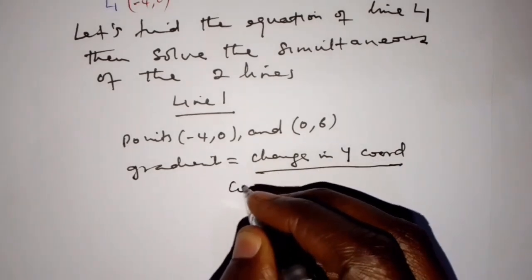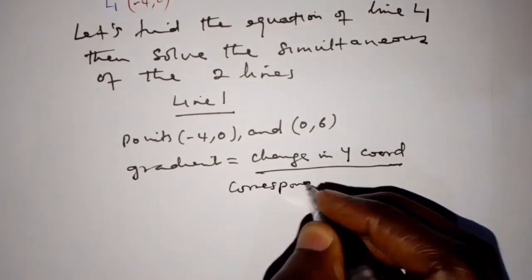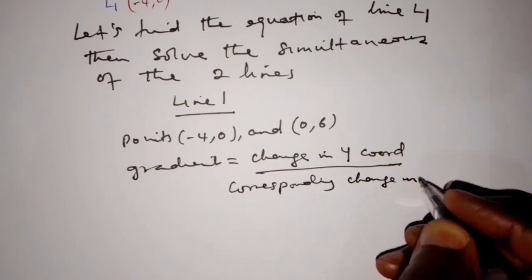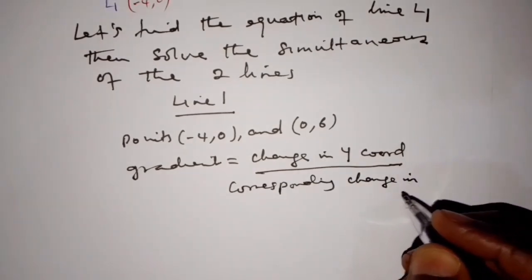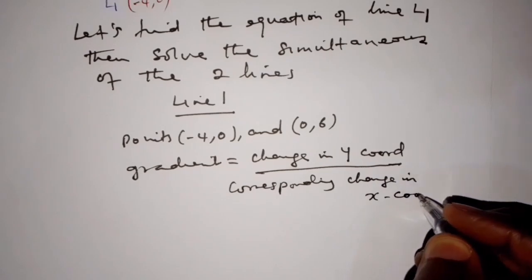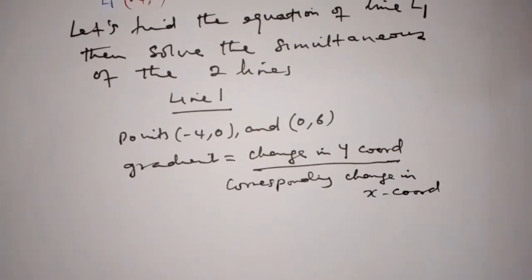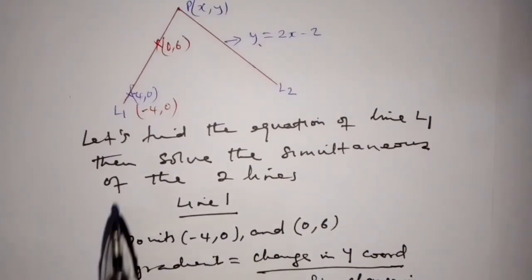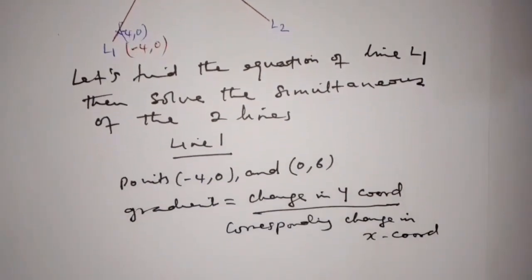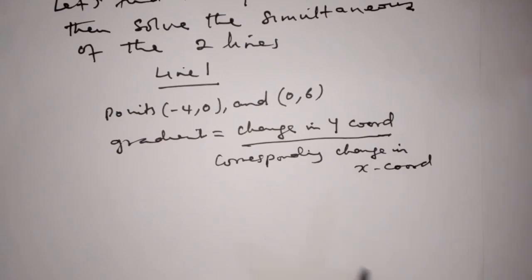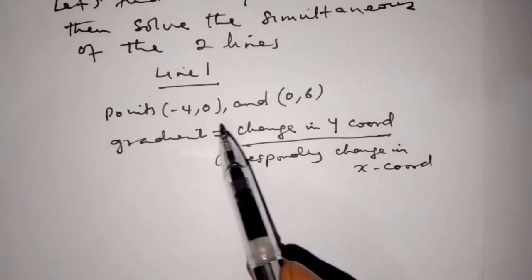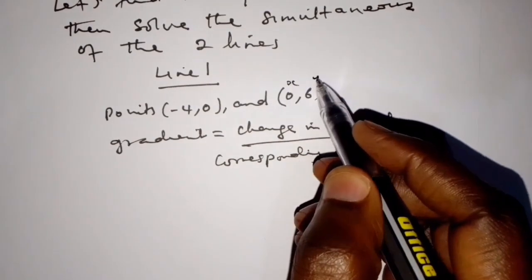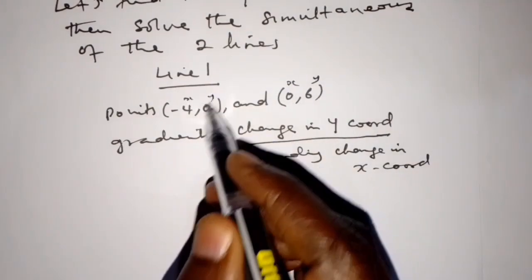over corresponding change in x coordinate. So how can we find the gradient of this line? We have already taken these 2 points, so we can say that this is x, this is y, this is x, this is y.